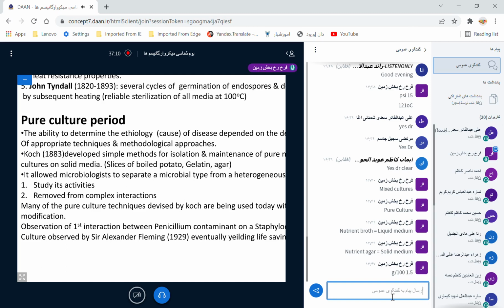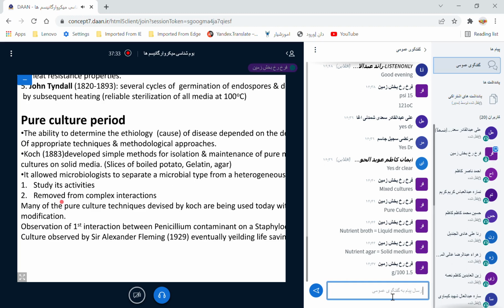One point five gram of agar in 100 milliliters of nutrient broth makes it solid. 1.5 gram per 100 milliliters of liquid medium makes it solid.